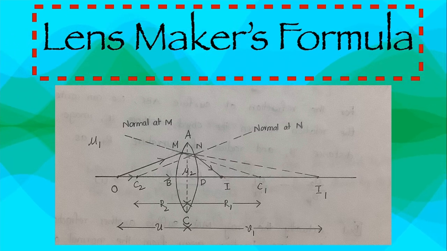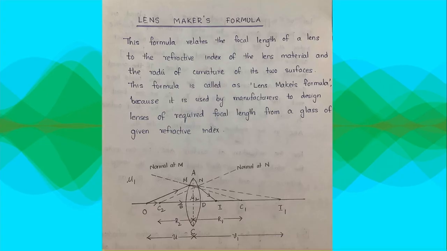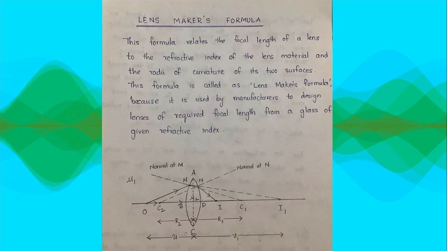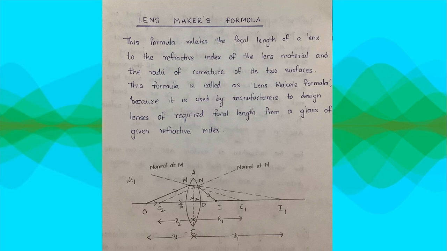Here I have shown this figure of a lens and I will discuss it in the next pages. Now here we have taken a lens. This formula is very useful for the manufacturers of lenses. It relates the focal length of a lens to the refractive index of the lens material and the radii of curvature of its two surfaces.